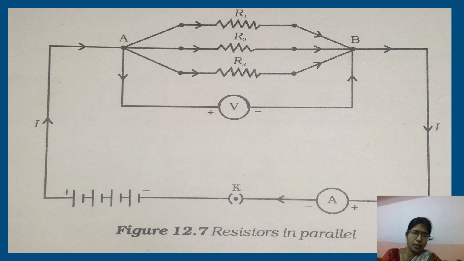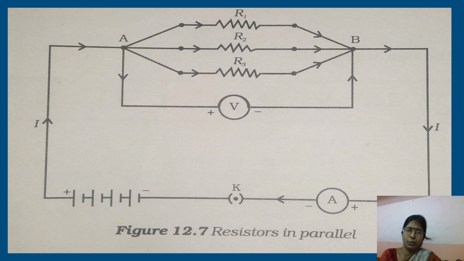Starting from the positive terminal of the battery to A, and after reaching A it can go through R1, B, ammeter, plug key and the negative terminal. The second route is positive terminal to point A, and after reaching A to R2, from R2 to B, ammeter, plug key and the negative terminal.